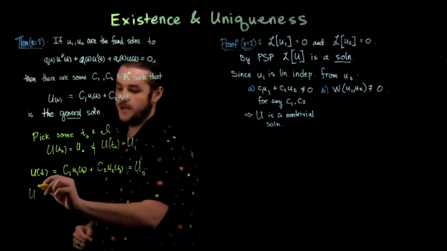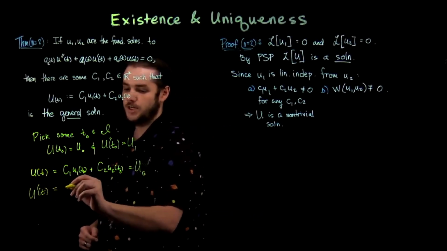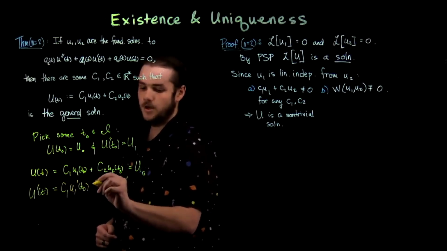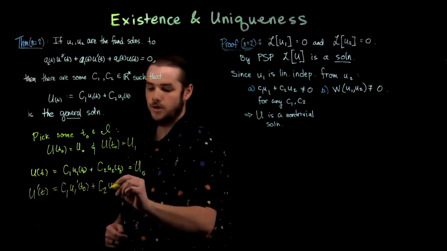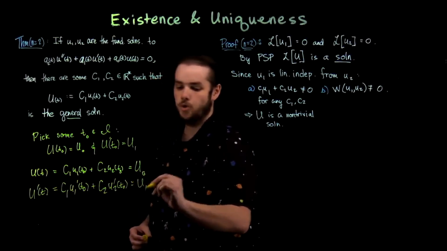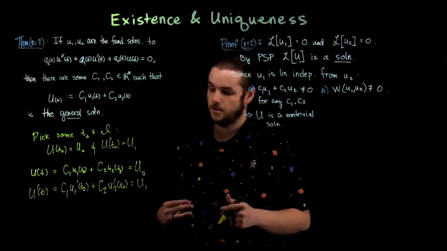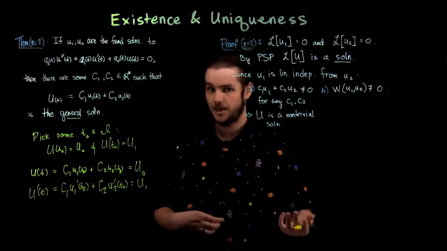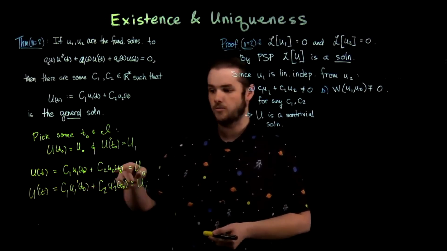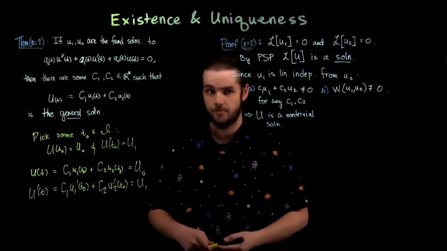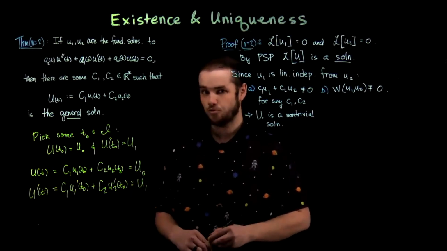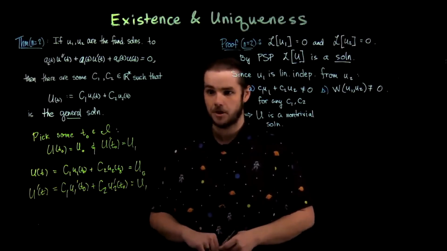U prime of t, however, is just going to be C1U1 prime of t naught plus C2U2 prime of t naught equals u1. And now, because I know little u1, little u1 prime, little u2, and little u2 prime, right? These are known solutions to my equation. This is really a system of linear equations.